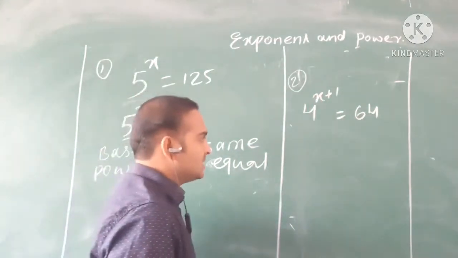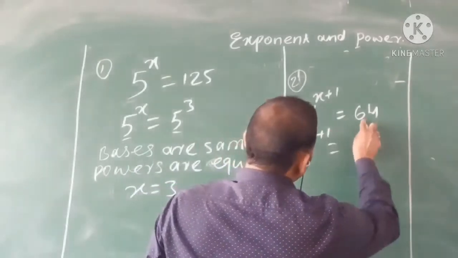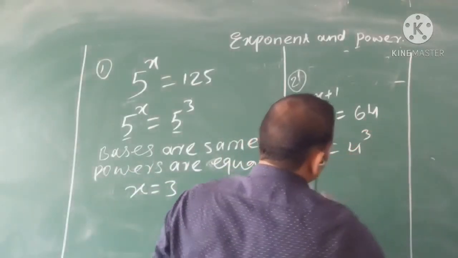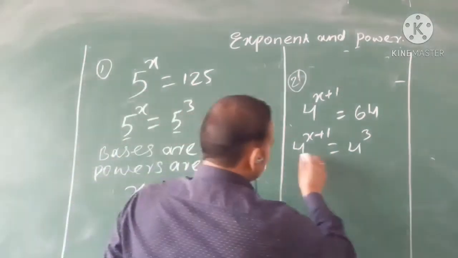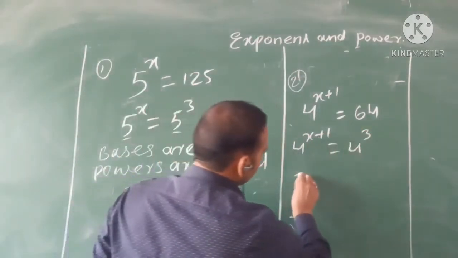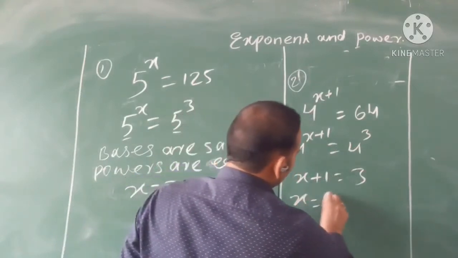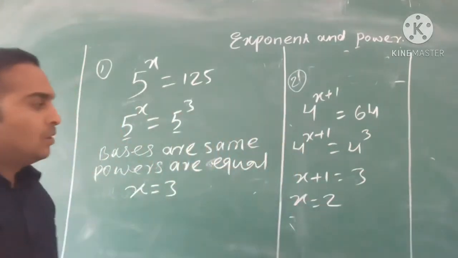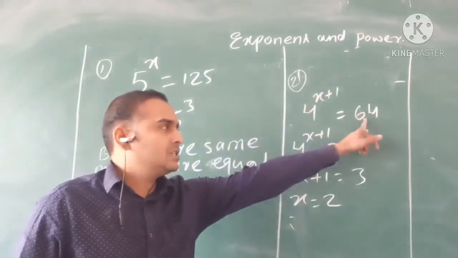How to make the bases equal? 4 to the power x plus 1 and this one is 4 cube. Bases are equal, then the powers are also equal. x plus 1 equals 3, and x equal to 2. Putting x equal to 2, 4 to the power 3, that is 64.